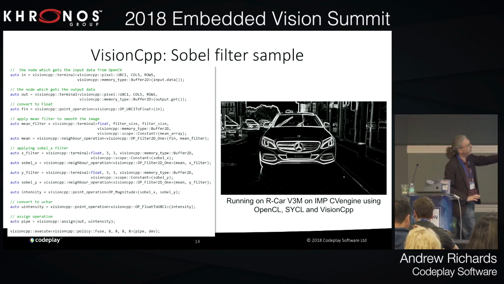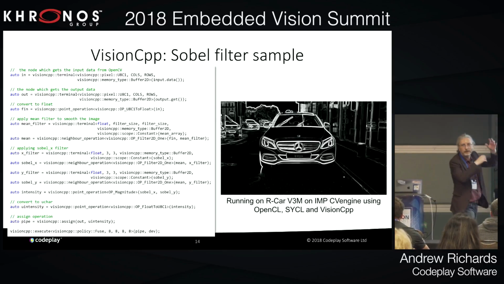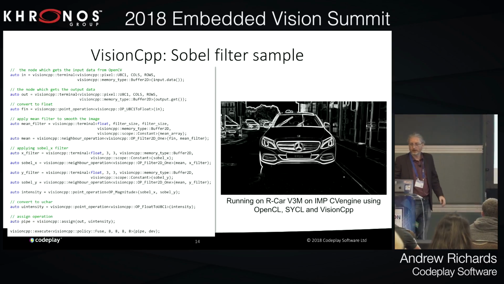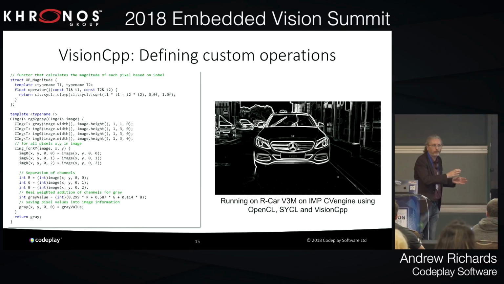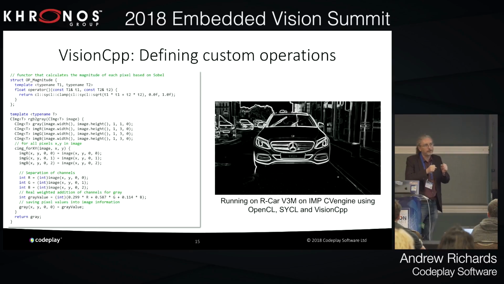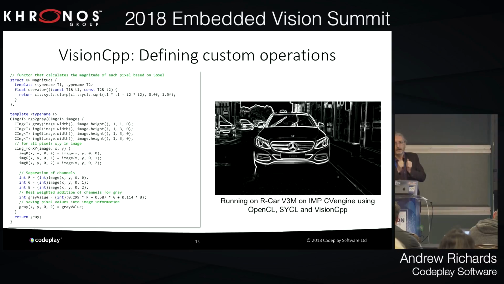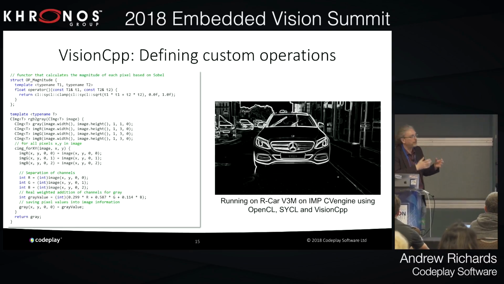Now, the advantage of this technique is partly that you can define a graph, but what you can also do is define the operators yourself. When I said point operation or neighbor operation, I'm not using predefined operators. All I'm using is predefined classes of operation, classes of operation that affect the parallelism.